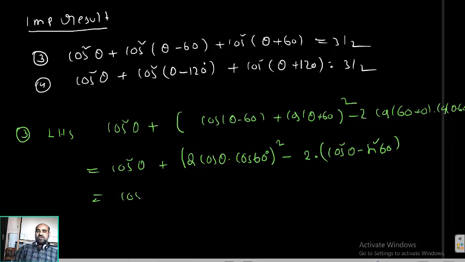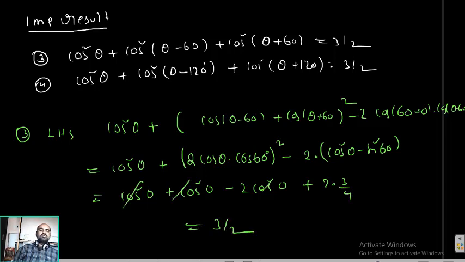This is cos square theta. So to cancel, another cos square theta minus 2 cos square theta plus 2 into 3 by 4. This gets cancelled. Again I get 3 by 2. Similarly, you can do the other results also.